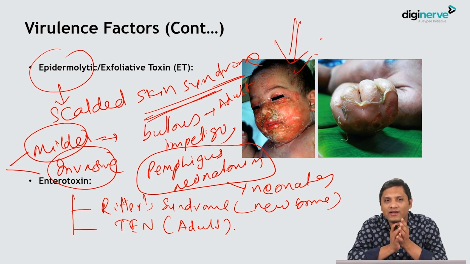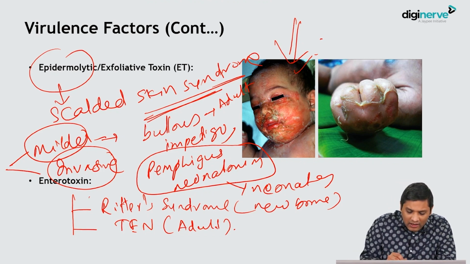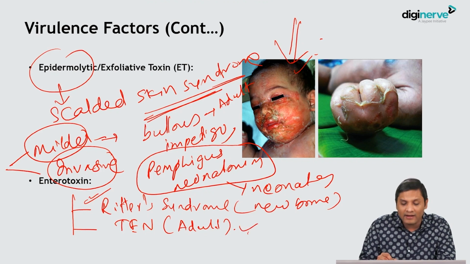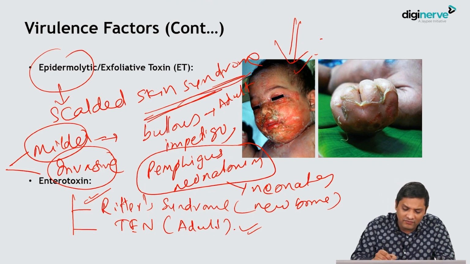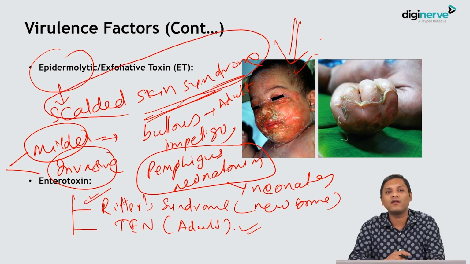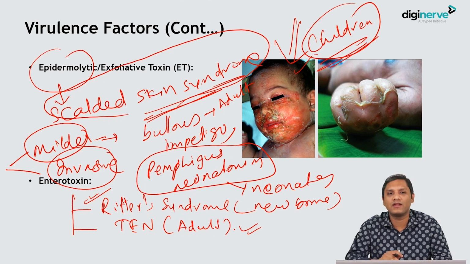It is a more invasive and severe form of the disease, and in adults it can induce toxic epidermal necrolysis. So these are the various varieties of scalded skin syndrome in different age groups. This is more common in children, especially in the neonatal age group, than in adults.